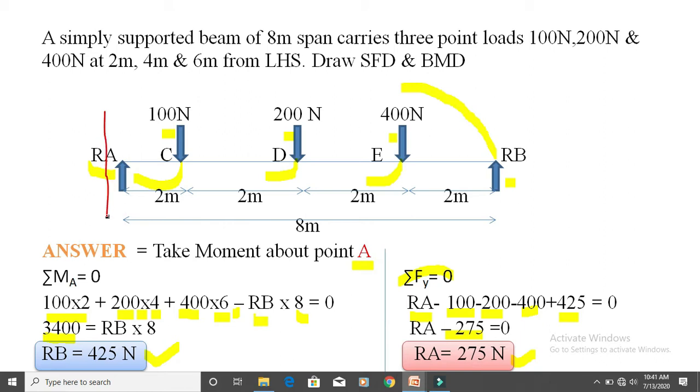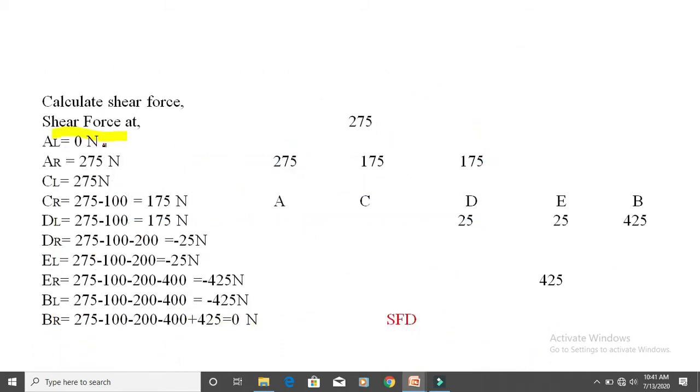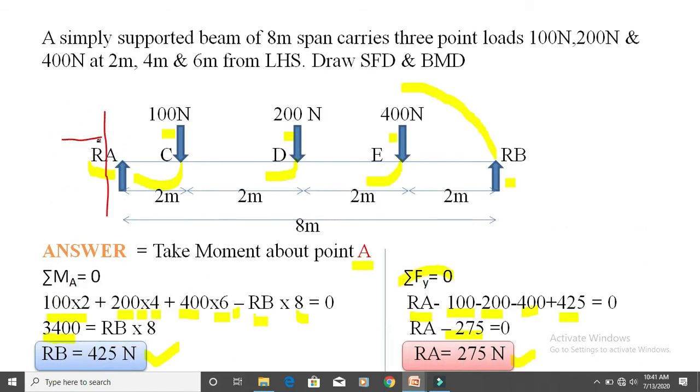Now look left of that line. While looking left of that line, there is no value, so write A of left is 0. The next is A of right is equal to 275 Newton. Now this vertical line is moved towards the right of A, so you should draw the line here.